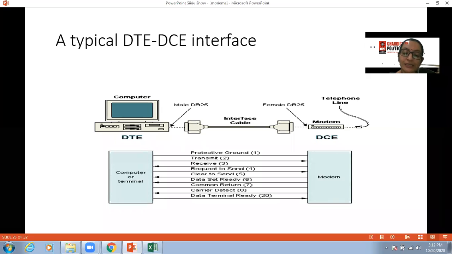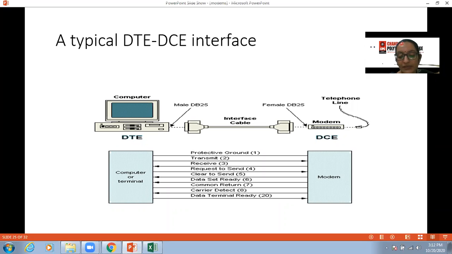So the DTE is the equipment that acts as a data source or a link, in the sense that it converts the user information into the signals to be transmitted by the DCE. The most frequently used example of DTE is a computer, and DCE equipment establishes and provides the access to the communication link over a channel connecting the source and destination, that is the DTE.